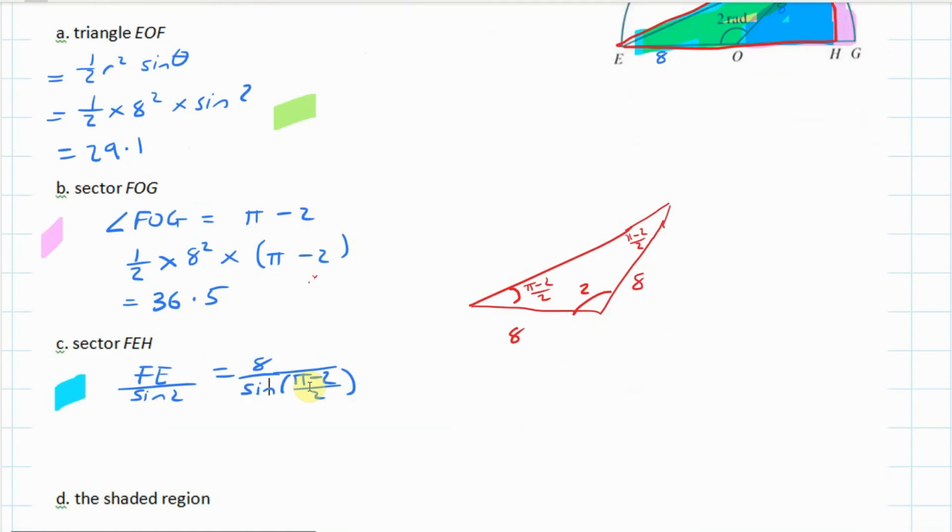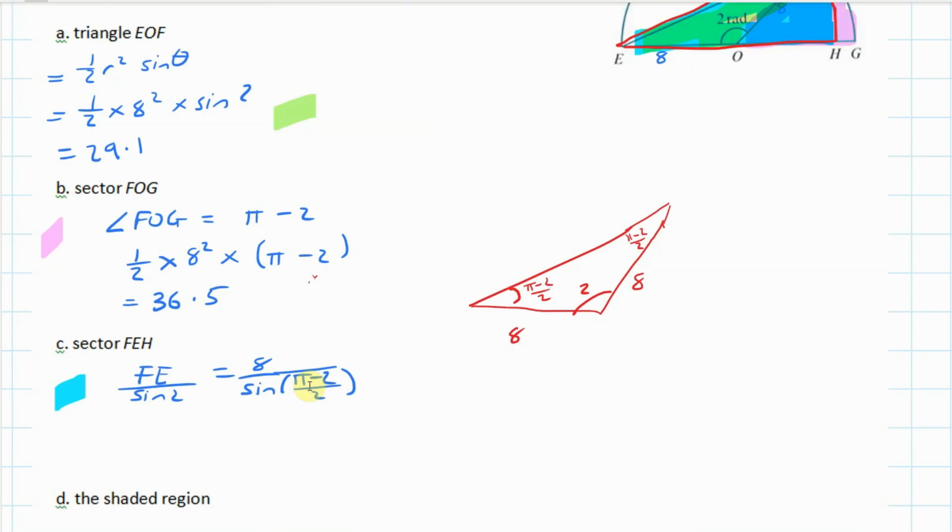So when I'm doing this, I'm getting, what am I getting? Sine 2 times 8 over sine bracket pi minus 2, okay. Nope. Pop in another bracket here.